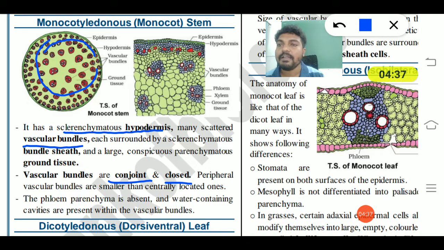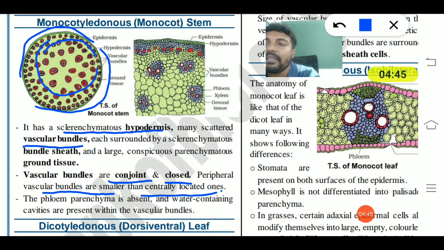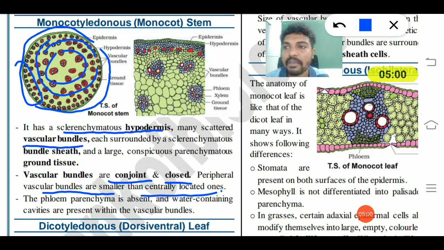The peripheral vascular bundles are smaller than the centrally located ones. At the center there are larger vascular bundles, containing water cavities within the vascular bundles. That is about the monocot stem.